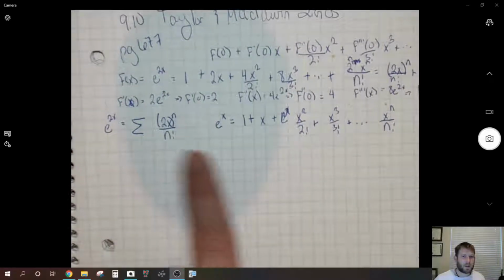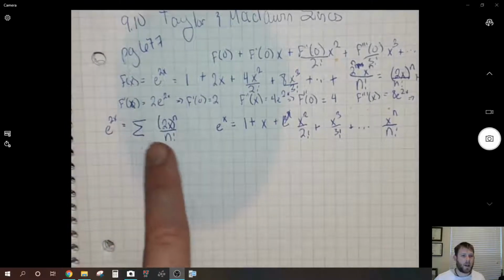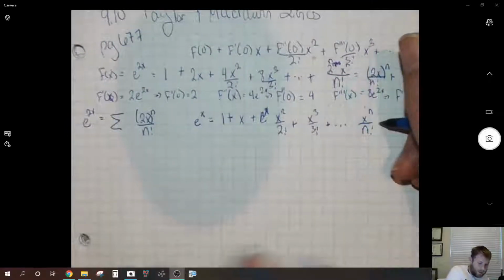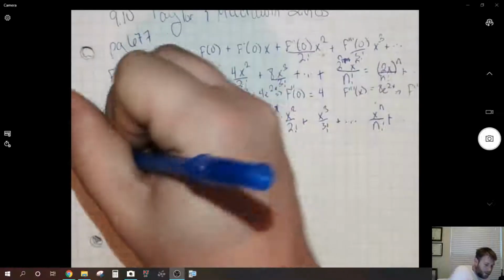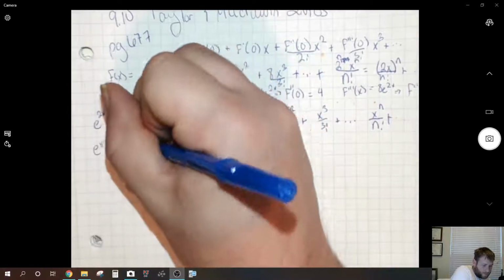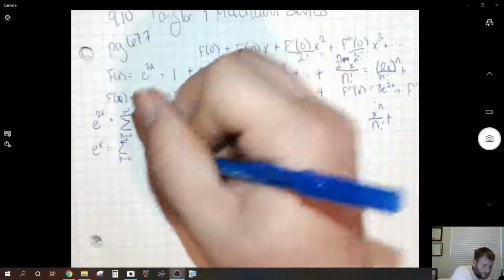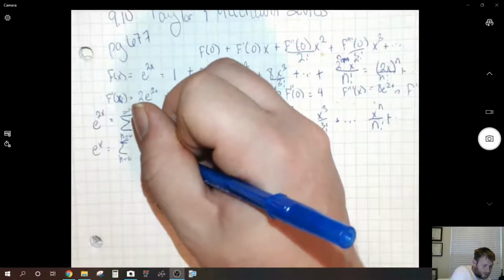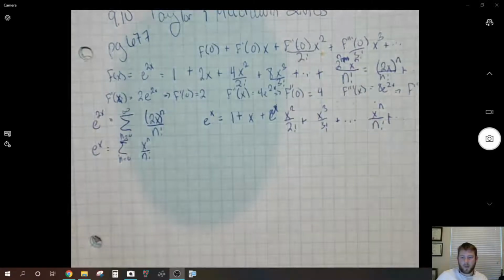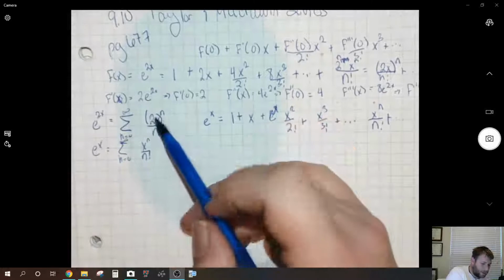You can see the difference. This is the parent function. This is what happened. We added a 2 here, and notice the difference between this series and this series. Well, the answer is that there isn't much of a difference, besides that this x here becomes a 2x here.